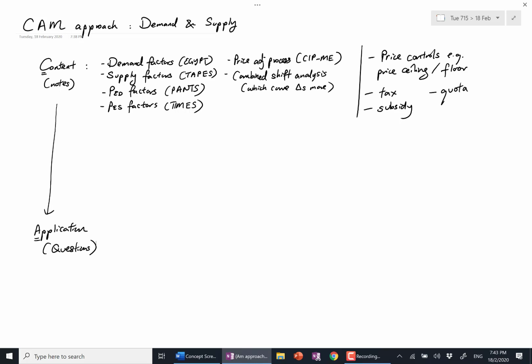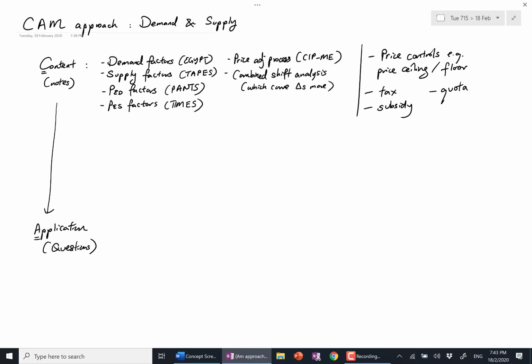So how do you get from content to application? We do something which some of you heard or learned about in chemistry. It's called distillation. There's so much content, you have to distill it to get the distillate. So you need to know that for demand and supply, there are only 3 types of questions.